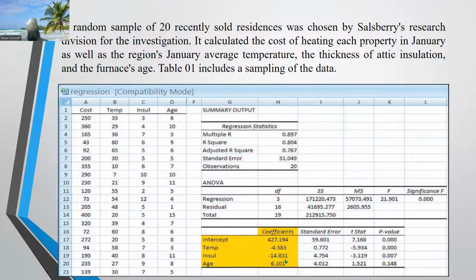Insulation is minus 14.831, and age is 6.10. These are the regression coefficients, the three regression coefficients, and this is the significance or p-value. Okay, so what does it mean?